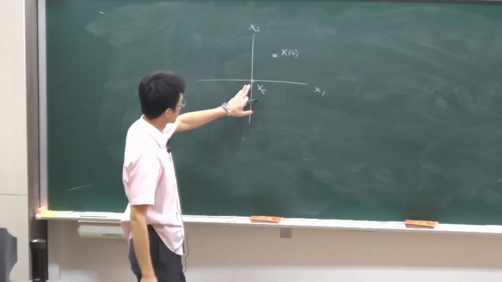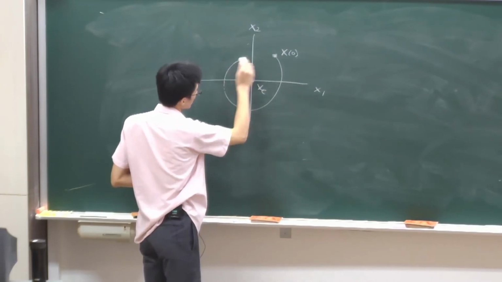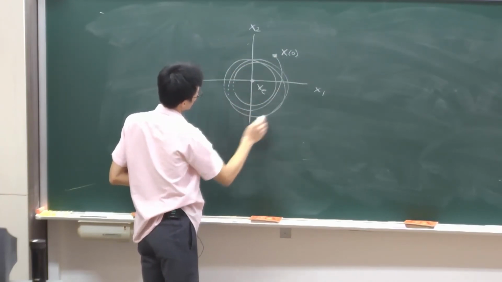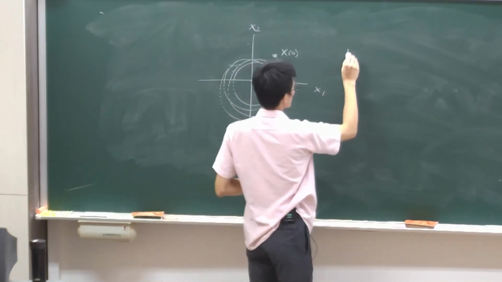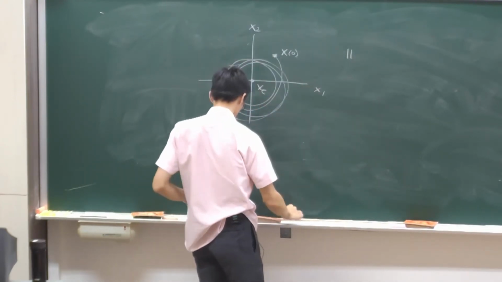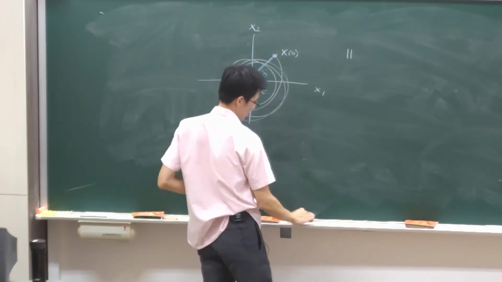So the equilibrium point is here, the initial condition is here. If you move anywhere in here, the distance is delta.